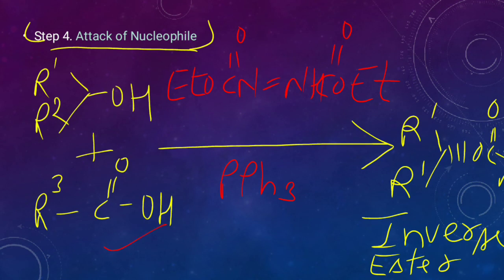So this is the general reaction of the Mitsunobu reaction. I hope you all understand this reaction, and this reaction is an SN2 type reaction, because you all know in SN2 reactions inverted products are formed. So here you can see inverted products are formed because on the front side a bulky group is present, so the nucleophile attacks from the back side.